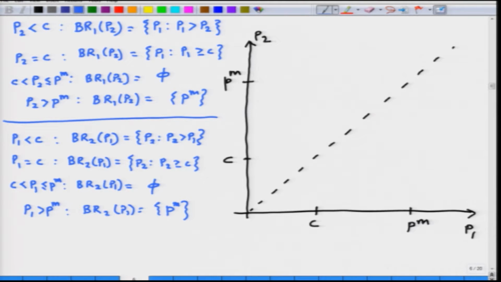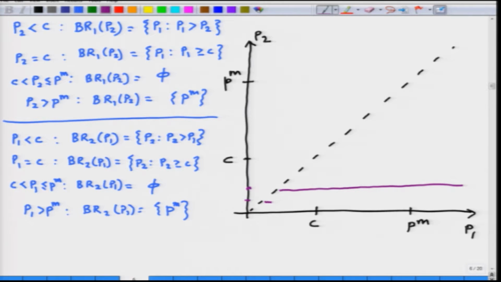So, let us start with firm 1's best response, for P2 less than C. Let us say P2 is somewhere here, P2 is less than C. If firm 2 chooses a price here, then firm 1 wants to choose a price which is strictly greater than firm 2's price. Any of these prices are valid. Similarly, if firm 2 were to choose a P2 which is here, then firm 1 wants to choose a price strictly larger than firm 2's price.